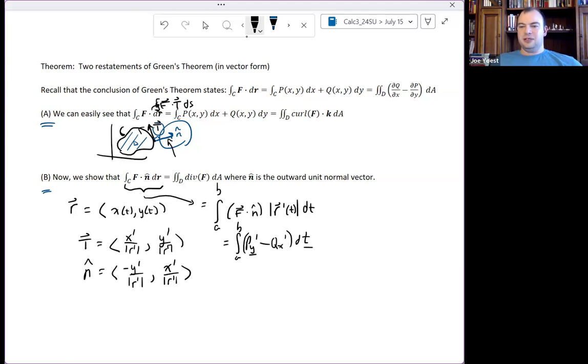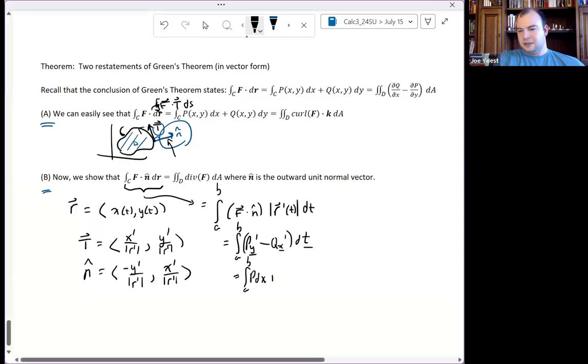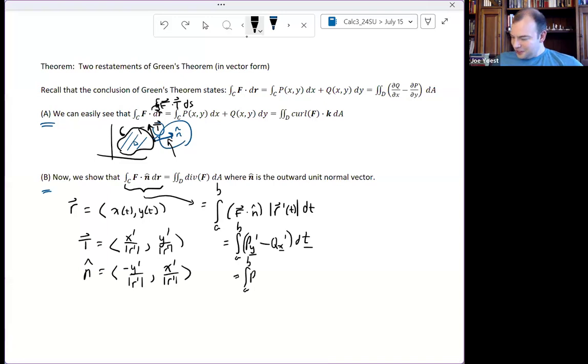And y prime dt is dy, x prime dt is dx. This is the integral a to b of P dy minus Q dx. Again, I'm skipping, so I'm making a couple of mistakes here.